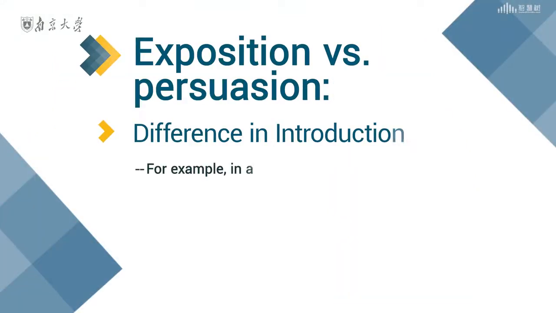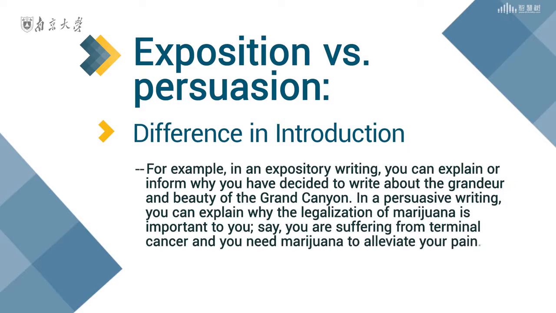For example, in an expository writing, you can explain or inform why you have decided to write about the grandeur and beauty of the Grand Canyon. In a persuasive writing, you can explain why the legalization of marijuana is important to you.